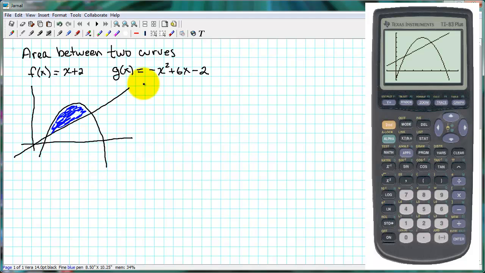Let's talk about how we could go about doing that. Now we're going to need to know our left bound here and our right bound for doing our integration, and those will be the x points of the intersection. So let's use the calculator here to quickly find our intersection points.